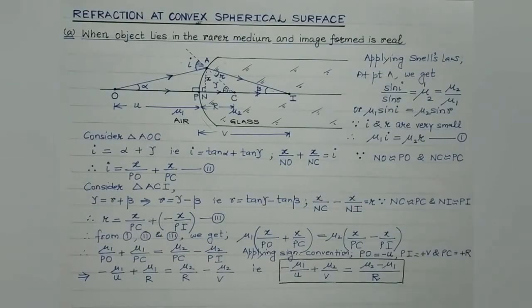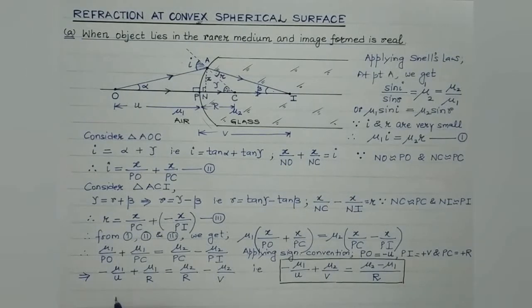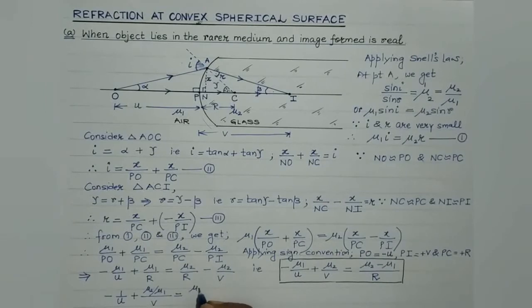Now students, the above formula can be expressed in another manner as well. We can divide throughout by mu1. So dividing throughout by mu1, what we get is minus 1 by U plus mu2 by mu1 divided by V is equal to mu2 by mu1 minus 1 divided by R. Right?